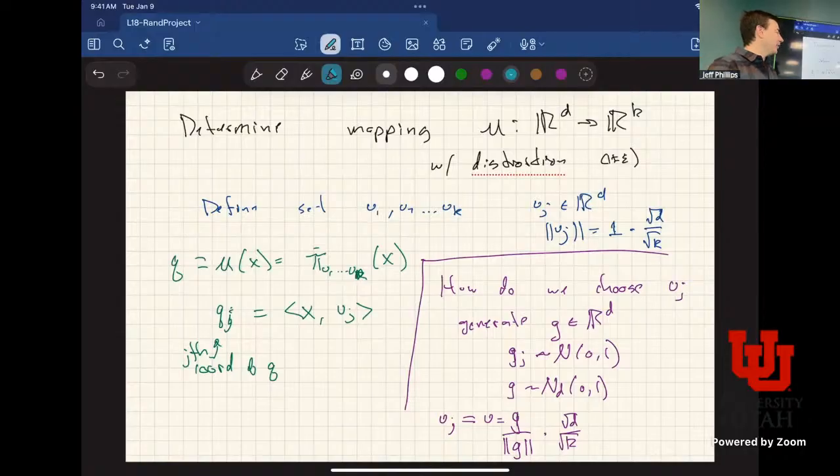But I don't need to know what the structure of the data is. So if I have new data points, and not too many of them, that come afterwards, I can still have the guarantees even with this projection. Where with PCA, I may not have that. If I add new data points, I may need to change how I define this projection. I can define this once and just stick with it.